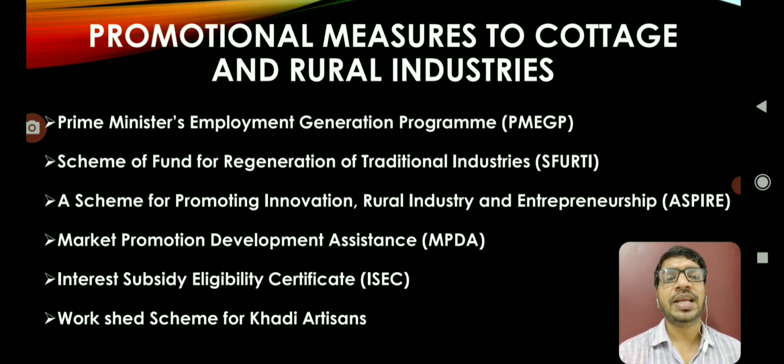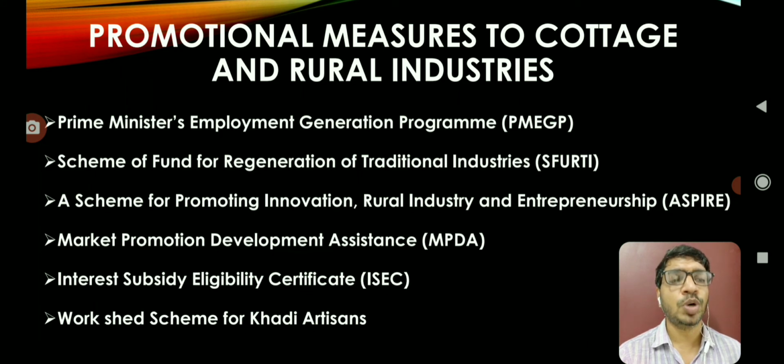Next one is market promotion development assistance. Exhibitions will be conducted, sales promotional activities will be conducted by the government, to promote rural artisans or rural industries or cottage industries. Interest subsidy eligibility certificate, in which the entrepreneur can get funds at a minimum of 4% interest.